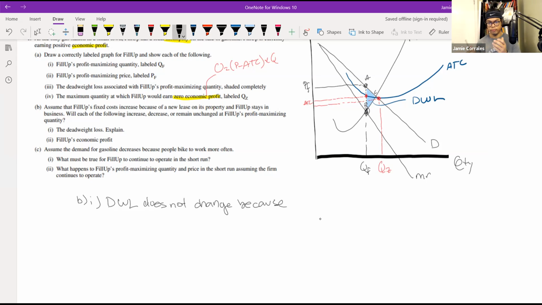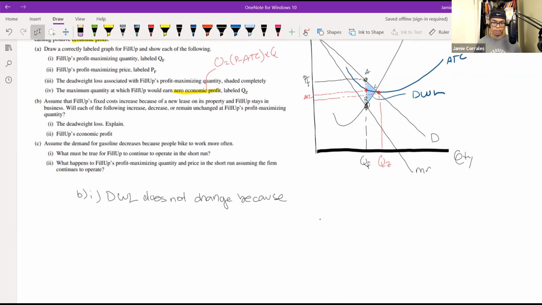And so fixed cost does not change marginal cost, right? So we would say deadweight loss does not change because fixed costs do not affect marginal cost.